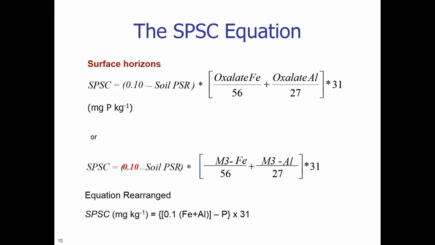We also mentioned that the SPSC can be calculated using Mehlich 1 or Mehlich 3. The Mehlich 3 is supposed to simulate very similar to that of the oxalate, so the equation is similar to that of the oxalate. The equation can be rearranged as SPSC equals 0.1 times Mehlich 3 iron plus aluminum, minus P, multiplied by 31.